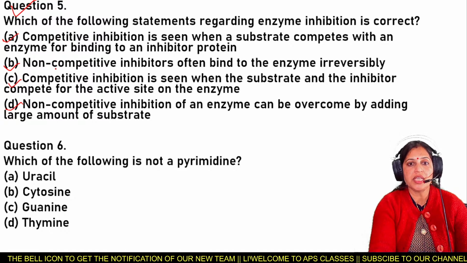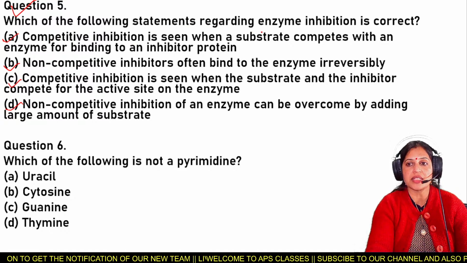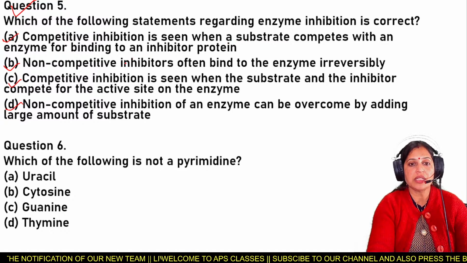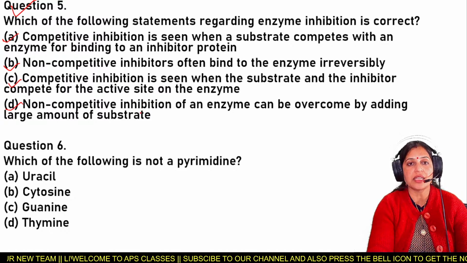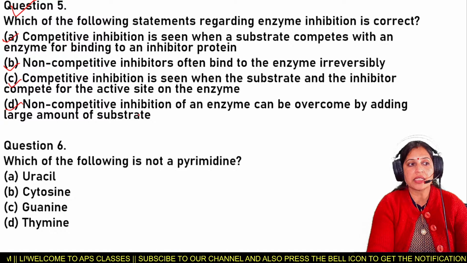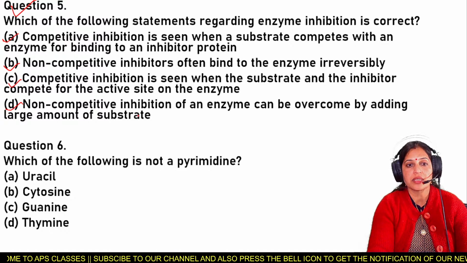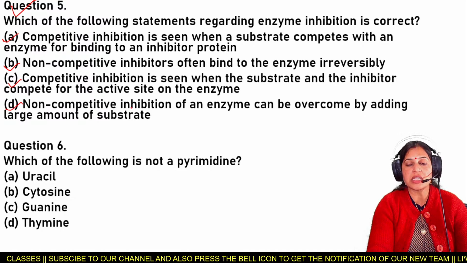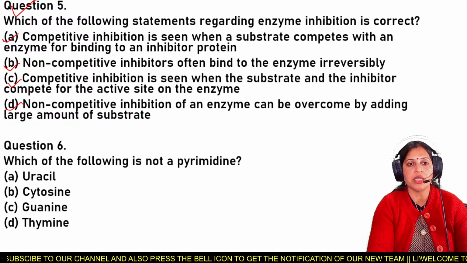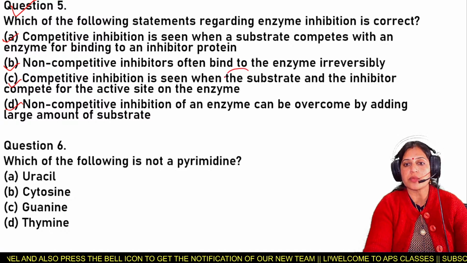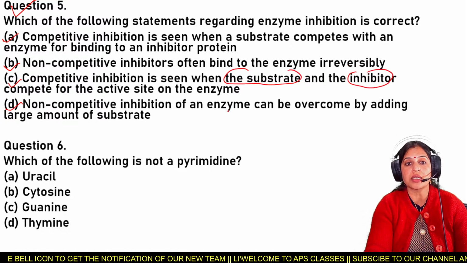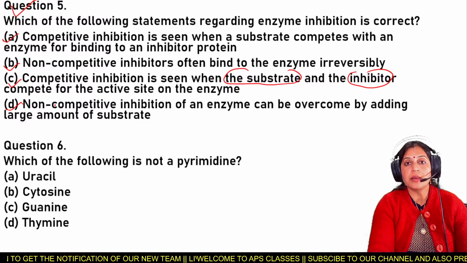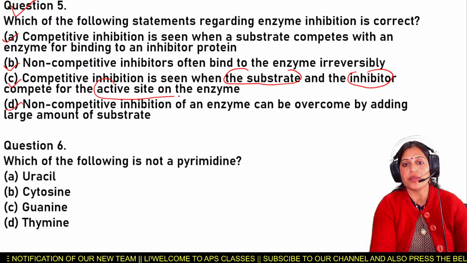Out of these statements regarding enzyme inhibition, the correct one is that competitive inhibition is seen when the substrate and the inhibitor compete for the active site on the enzyme.